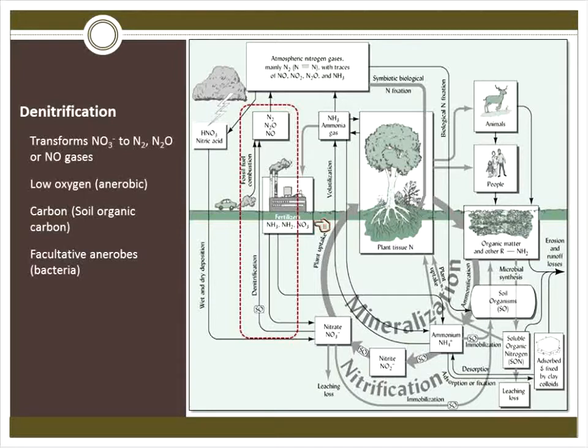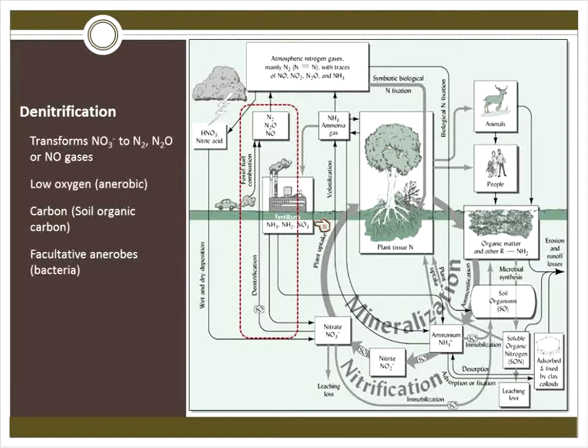And again, whether you have dinitrogen gas, or you have nitrous oxide or nitric oxide, it's a function of a complicated process. It depends on how much carbon you have, how anaerobic your soil system actually is, what the pH is, what the temperature is.